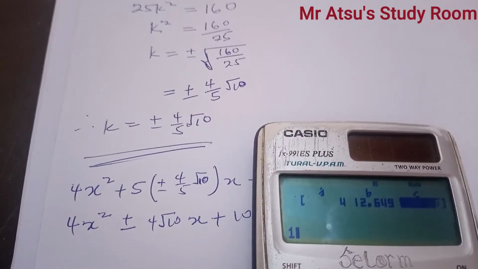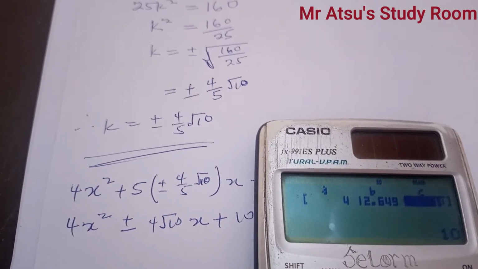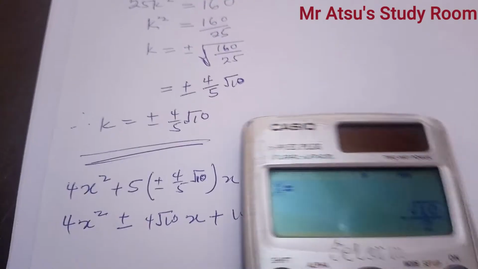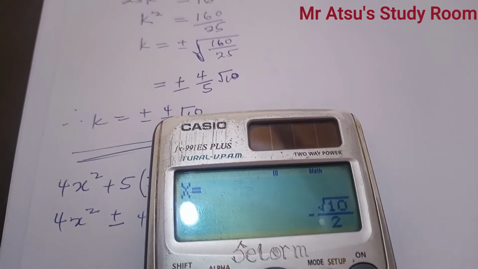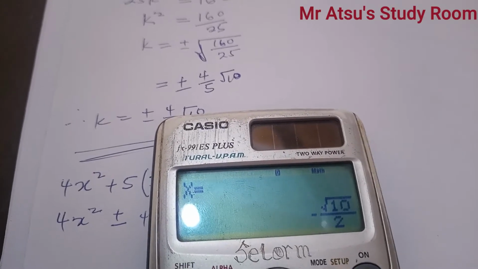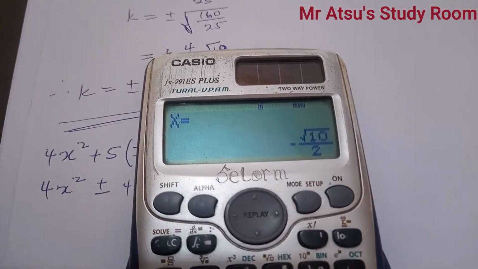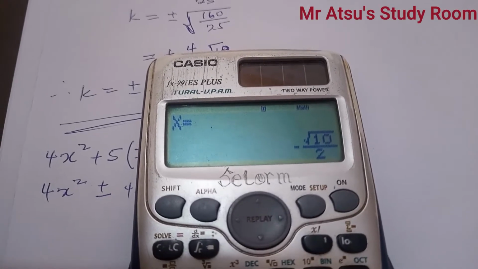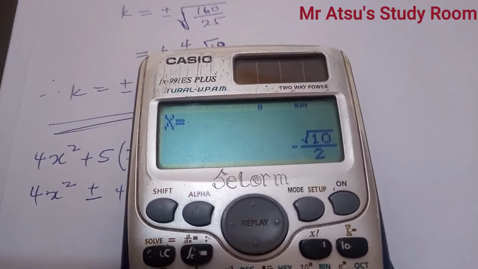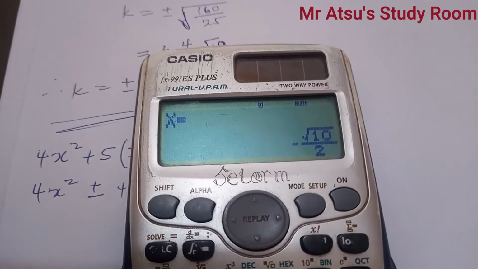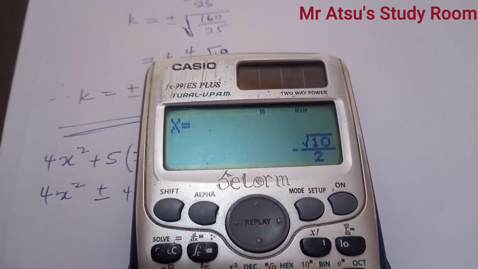Now C is 10. Let's see the answer. Yeah. So our answer is negative root 10 over 2, or negative 1 over 2 root 10. The fact that the x is only one answer is a sign that this has repeated root. Remember the way I explained it under repeated roots.